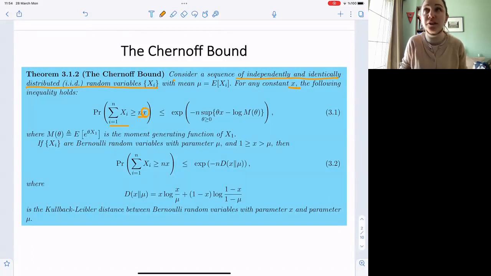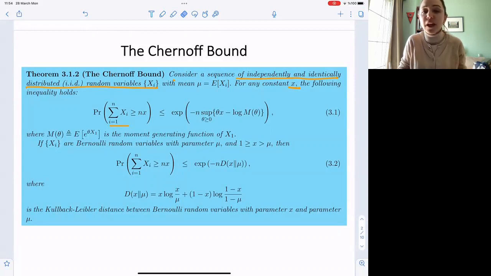Now clearly the larger the x, the smaller the probability. This is very intuitive. If x is around the mean, this bound is going to be a little more informative.